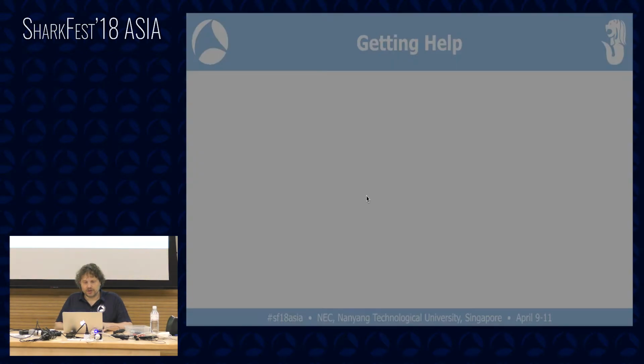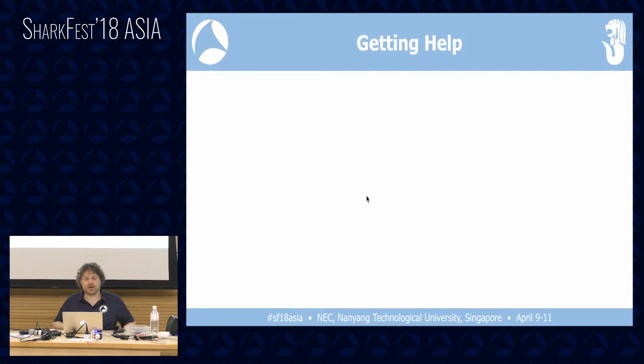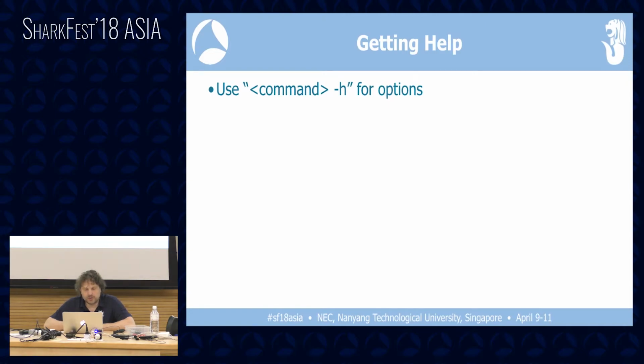Okay. That's for the demos for the simple options of using the command line tools. Any questions about that before we go to pipe the output to other tools to see what we can do to mangle stuff? No? Okay. If you don't know if an option exists, like I just did, you can always use the command line -h option, and then you get all the information that you need.